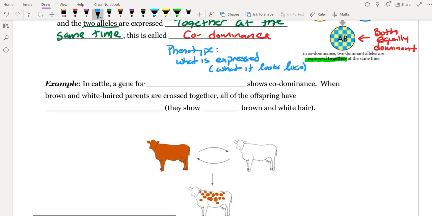In cattle, a gene for hair color shows codominance. When brown and white-haired parents are crossed together, all offspring have brown and white hair.